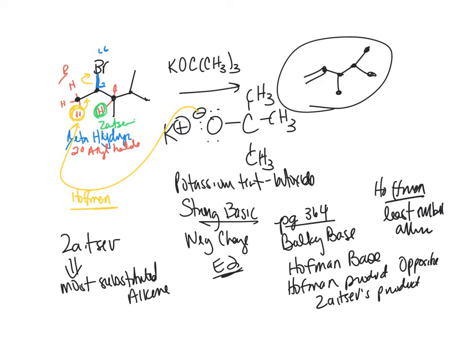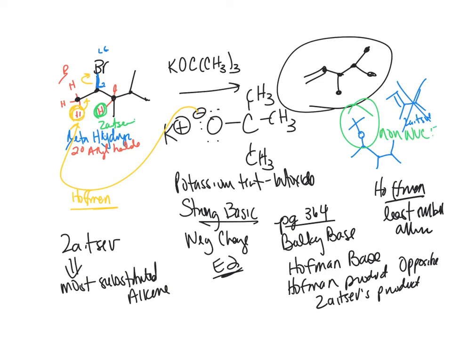The other option that I see here is this option here, and that would be a Zaitsev product. Okay, so that's the more substituted. Maybe some people chose that. Some people might have decided that's not an E2 but an SN2. These bulky bases are non-nucleophilic.